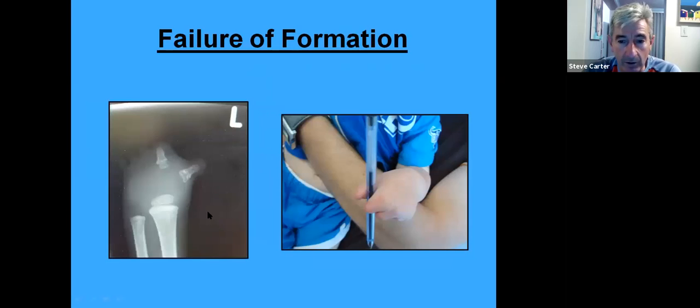So that's an example on this child. If you see on the right-hand side, he looks about 3 or 4 years old now. He's holding a pen. This child had no thumb, no index finger, nothing: a complete failure of arrest or transformation. So what we've done is put in toe phalanxes, and they're growing. We put them in at a year of age.